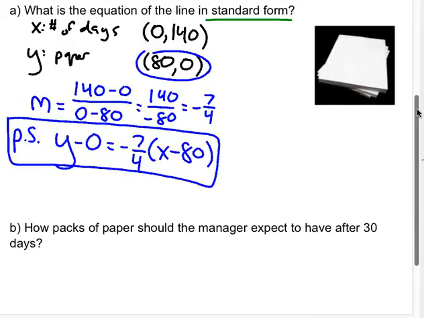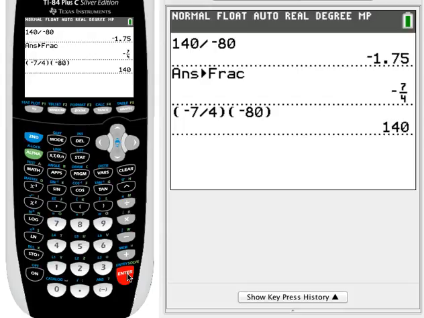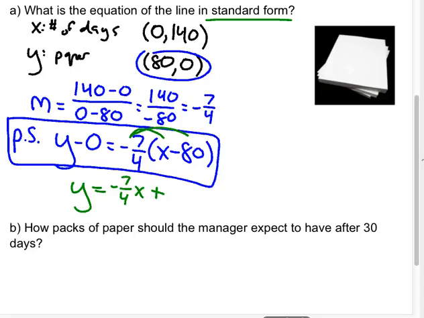All right, so standard form, y equals, well, this is going to distribute. So negative 7/4 x plus, well, now we need 7/4 times 80. So negative 7/4 times negative 80, because I'm distributing that in, and that gives me 140. However, remember, standard form means no fractions. So I'm going to multiply all of that by 4 to get rid of that fraction.